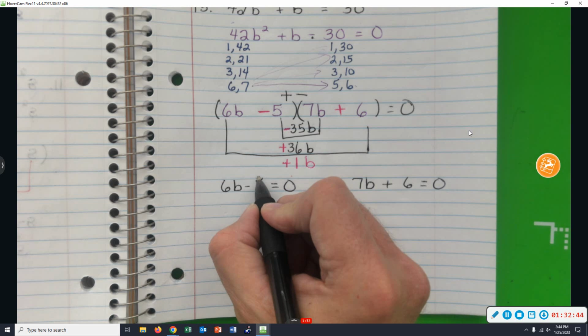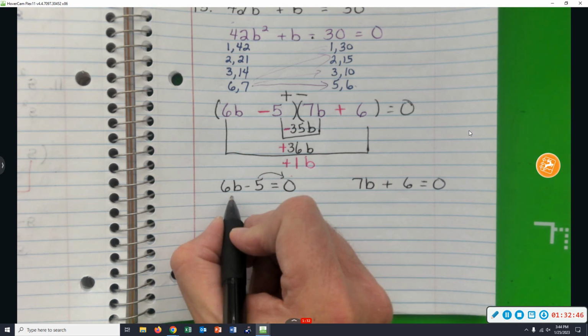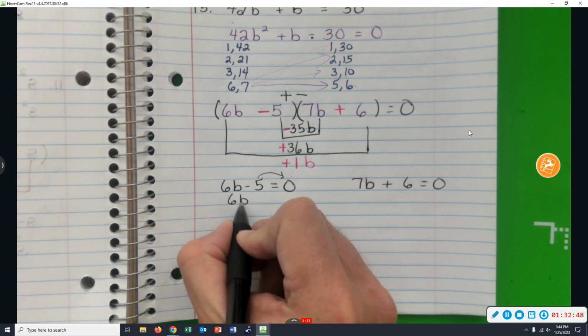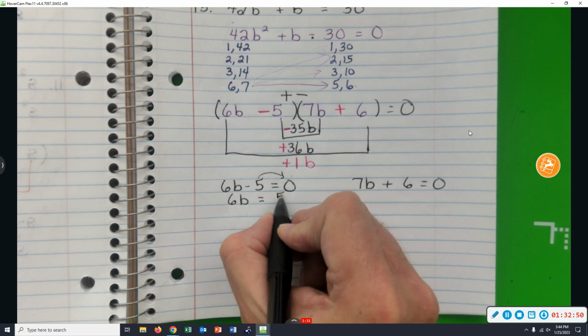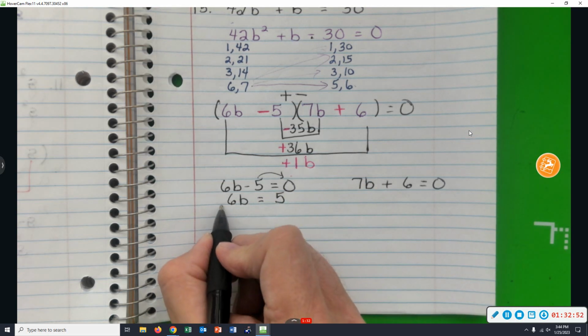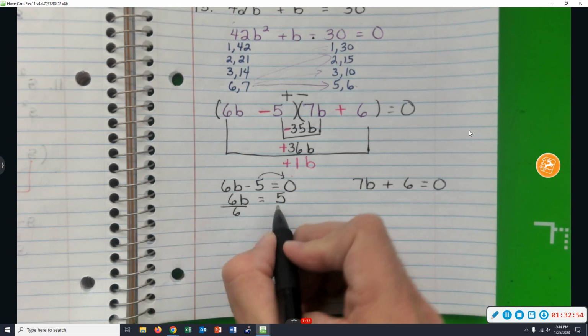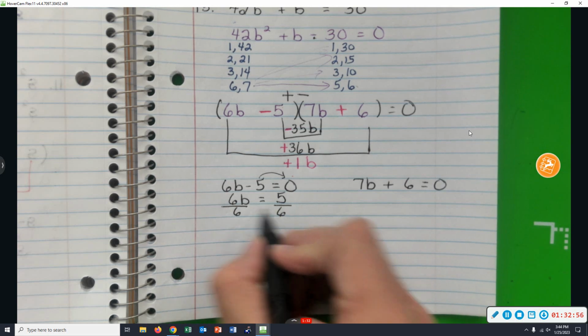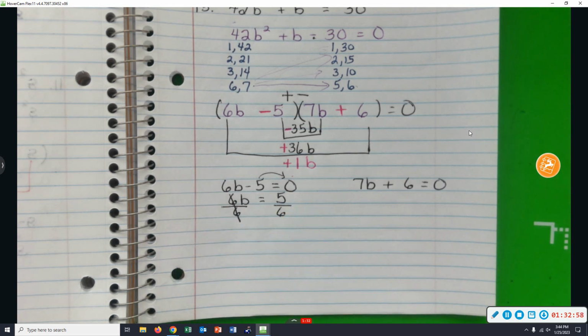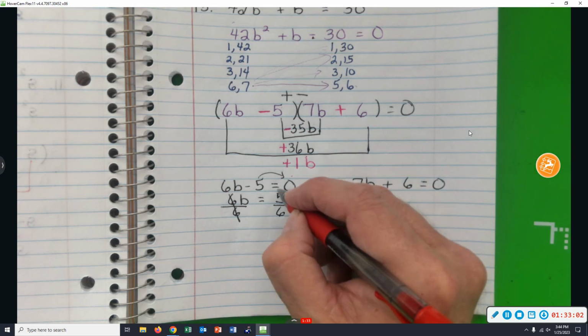I'm going to add 5 to both sides, and then divide both sides by 6. Are y'all caught up? 5 over 6.